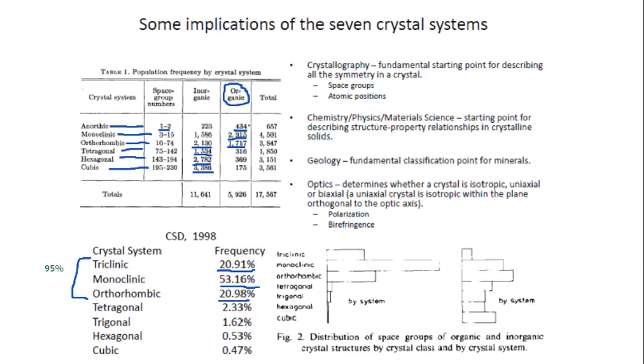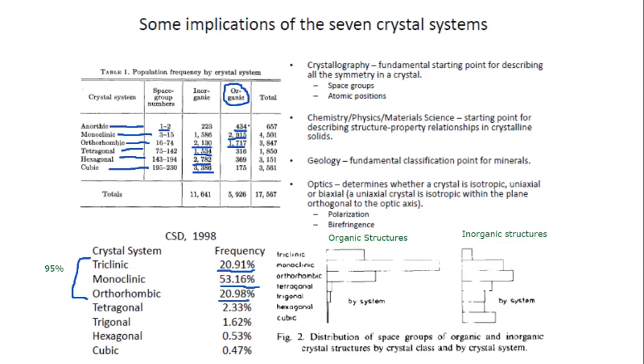And what you're seeing in figure 2 is organic structures, just another bar graph, and then we have inorganic structures. You see for inorganic structures, there's a more broad distribution of crystal systems.